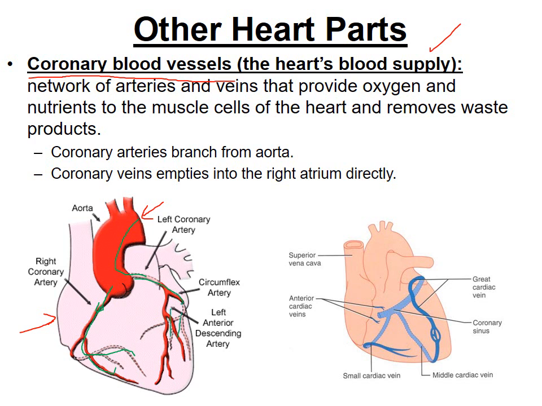And then when you run out of oxygen and nutrients, well, now you can use the coronary veins to go and empty into the right atrium and then right ventricle, so on and so forth. But the idea is that you have coronary arteries that come off the aorta and feed your cells of the heart, and coronary veins will return that blood to the right atrium directly.